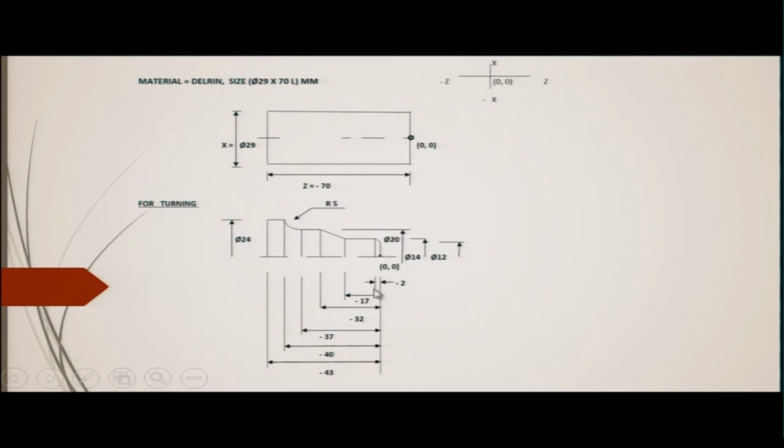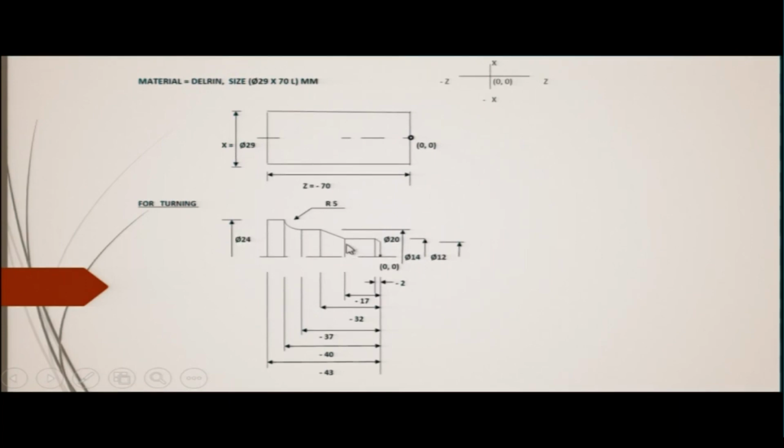Therefore, these dimensions are made negative, but their absolute value is 43 millimeter as the total length, 40 millimeter from here to here, and so on. Similarly, the diameters, as you can see, on the top it is X, that is the positive, and below that it is negative.